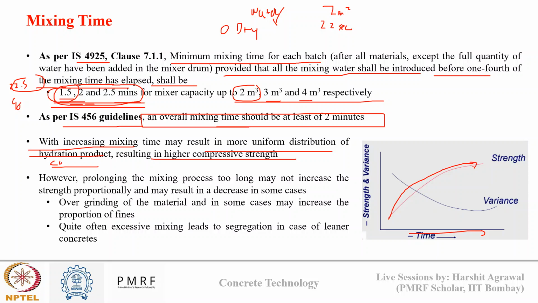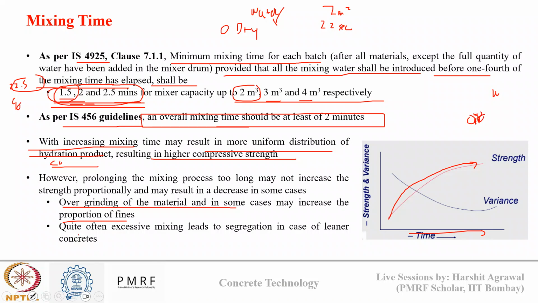However, if we prolong the mixing time for too long, it can lead to negative results also. What are these negative results? There can be over grinding of material, which can increase the proportion of fines. Suppose we are doing dry mix without water for a long time, then what will happen? Due to friction between aggregates, there can be crushing of aggregates, which will lead to increased content of fine aggregate rather than coarse aggregate, which will disturb our mixture proportioning.